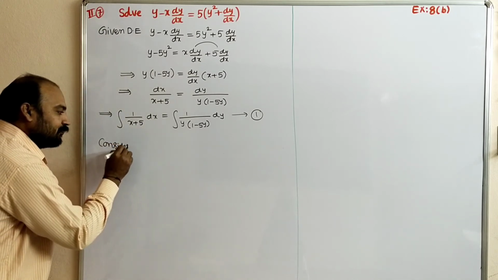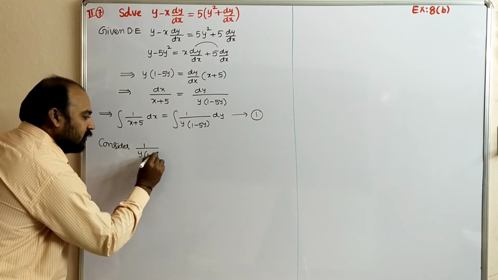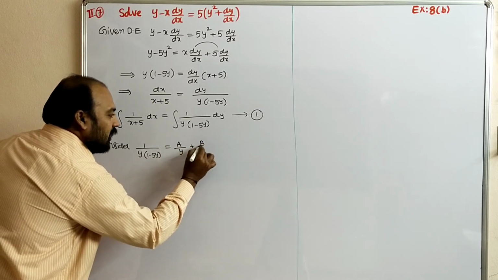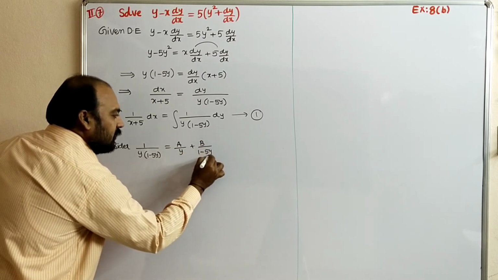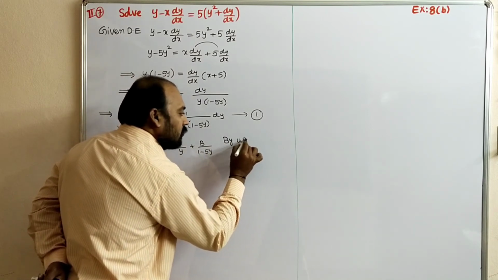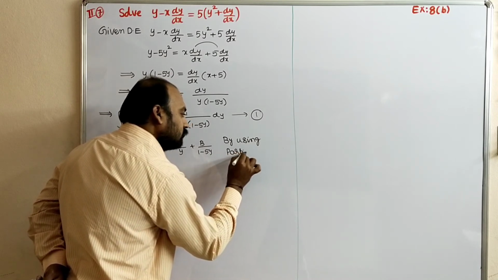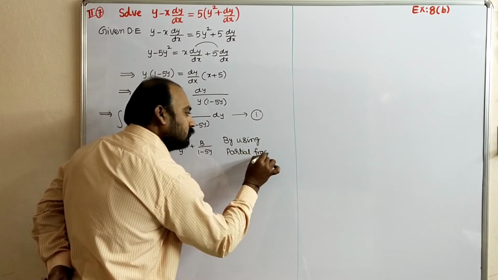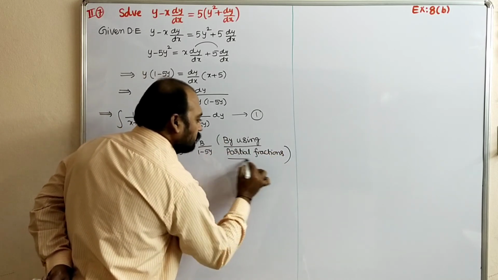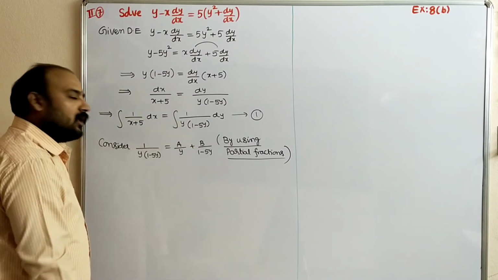Consider 1 by y into 1 minus 5y is equal to a by y plus b by 1 minus 5y, using partial fractions. We will get the values of a comma b.